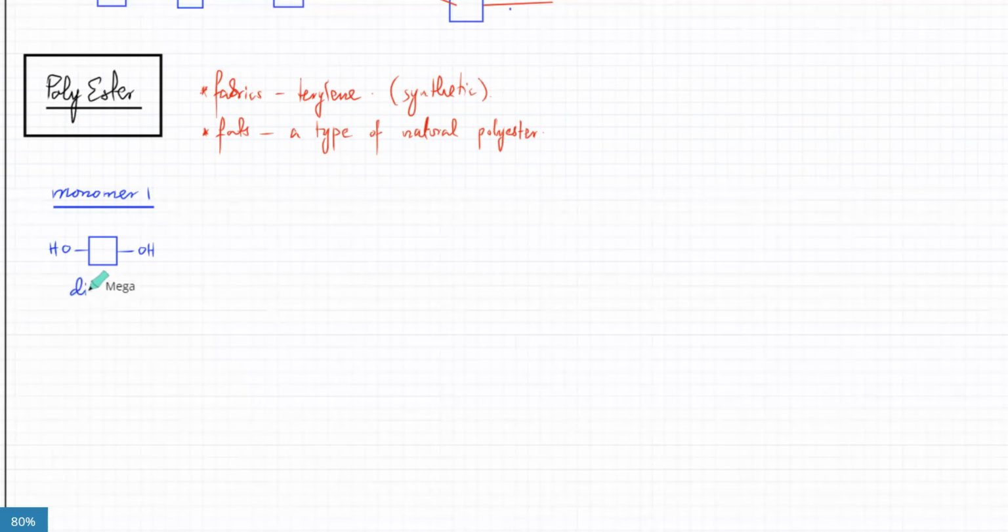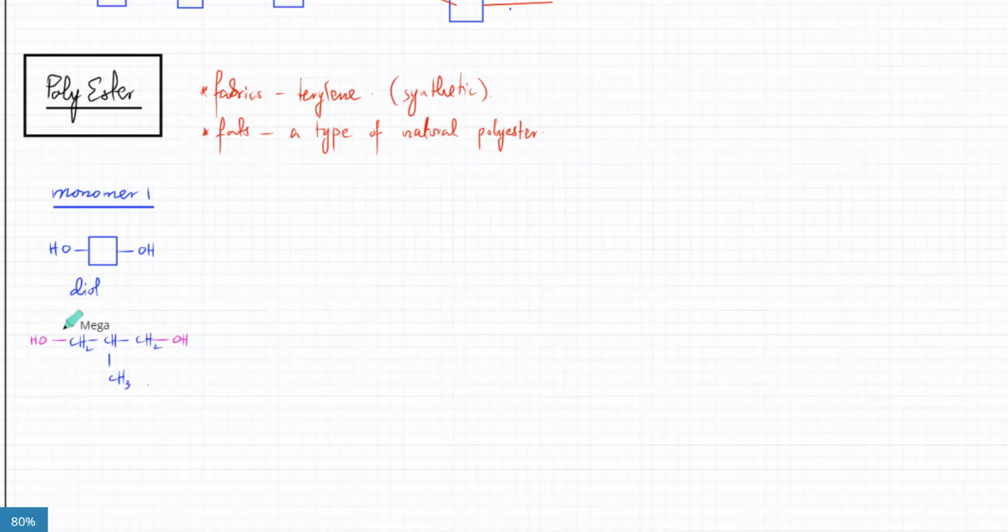Let me explain the diol. You have a bunch of carbon atoms, and in this molecule, on one side there's an OH and on the other side there's an OH. The rest is all hydrogens: two hydrogens with this one, one hydrogen with this one, two hydrogens with this one, and this carbon will have three hydrogens. So that is what a diol is.